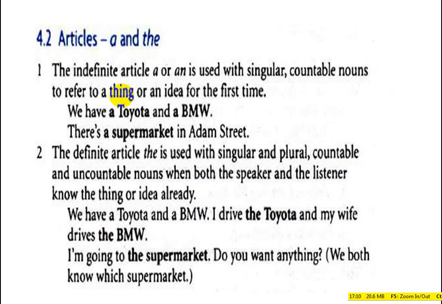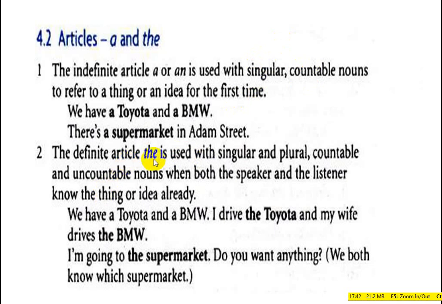The definite article the is used with singular and plural, countable and uncountable nouns when both the speaker and the listener know the thing or idea already. That is the difference between the indefinite and definite article. As I said, the indefinite article is used with singular countable nouns and an idea that we are referring to or a thing for the first time.